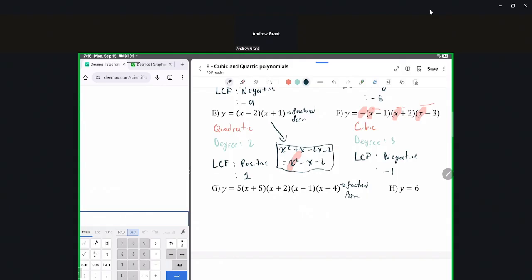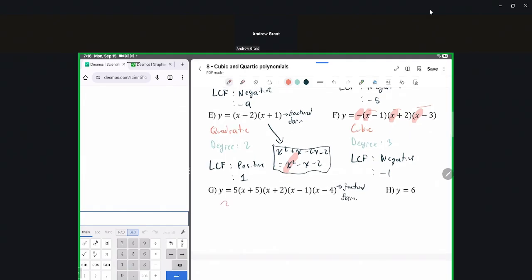And we have 4 x terms multiplied together, so this is going to be a quartic, degree 4. And it's going to have a leading coefficient of positive, I guess I should be consistent and write that it's specifically positive 5.